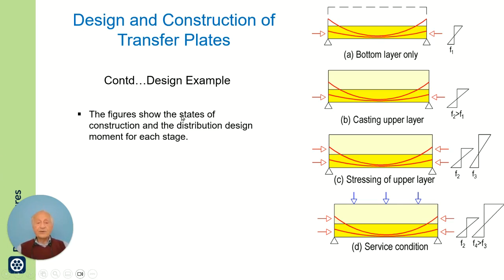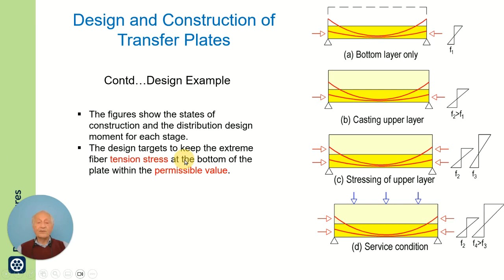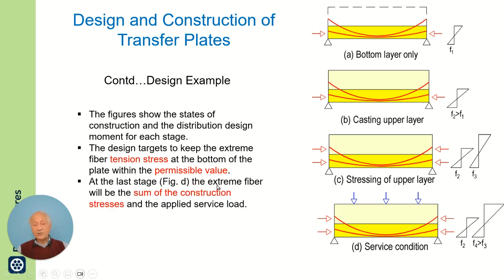The figure shows the stages of construction and the distribution of design moment for each stage. The design targets to keep the extreme fiber tension stress at the bottom of the plate within permissible values.